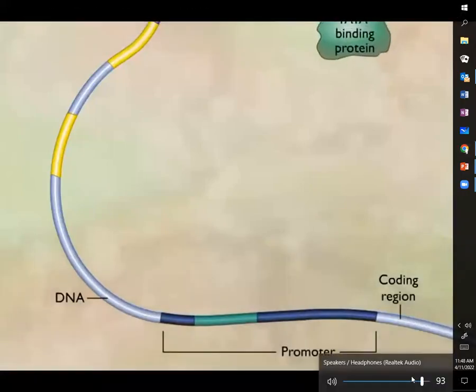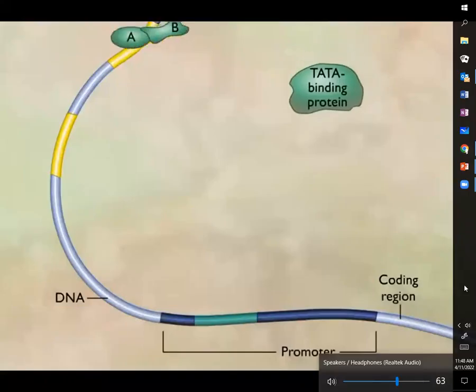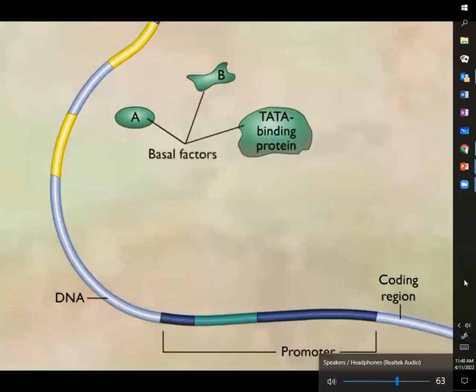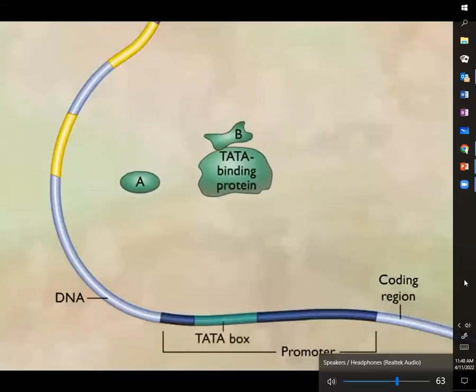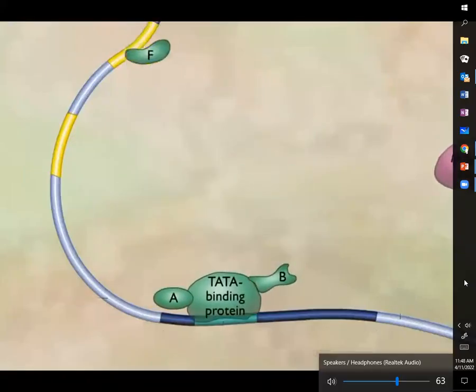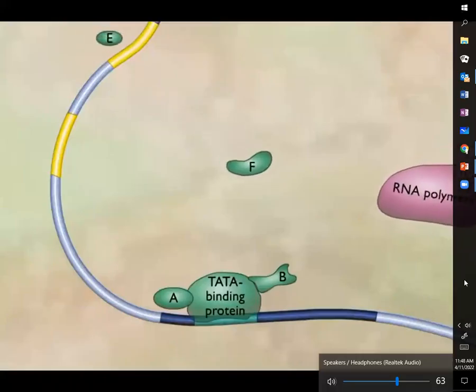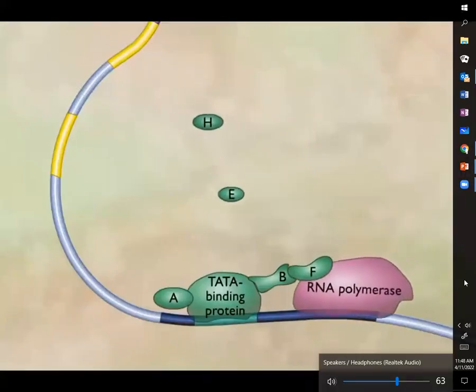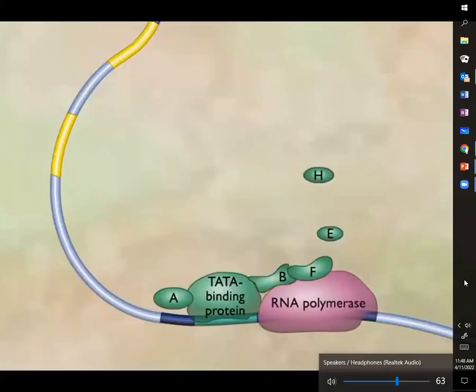The assembly process begins upstream from the transcription start site, where proteins called basal factors bind to a short TATA sequence in the promoter. Other basal factor proteins then bind, eventually forming a full transcription factor complex able to capture the RNA polymerase. Basal factors are essential for transcription, but cannot by themselves increase or decrease its rate.